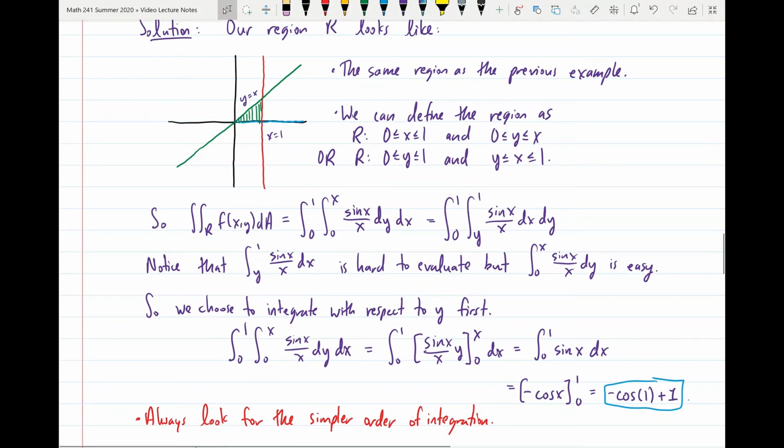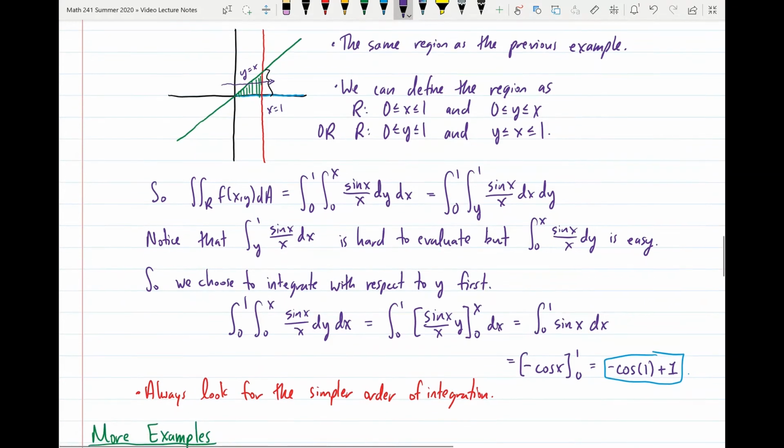But we could also say that y is between 0 and 1. So you can look at it as y is between 0 and 1 here as the height of the triangle, and x is going to be bounded below by y. So x will be bounded below by this line y equals x, and it's going to be bounded above by the line x equals 1.